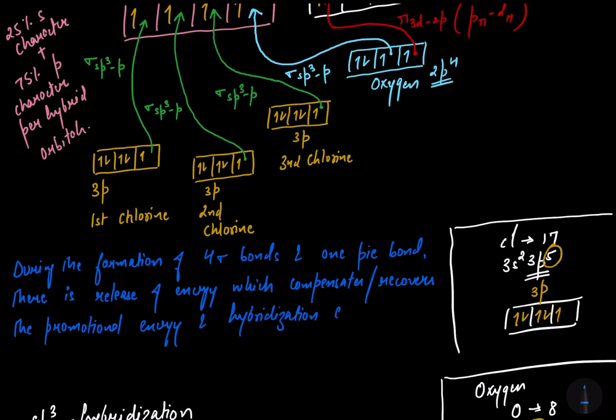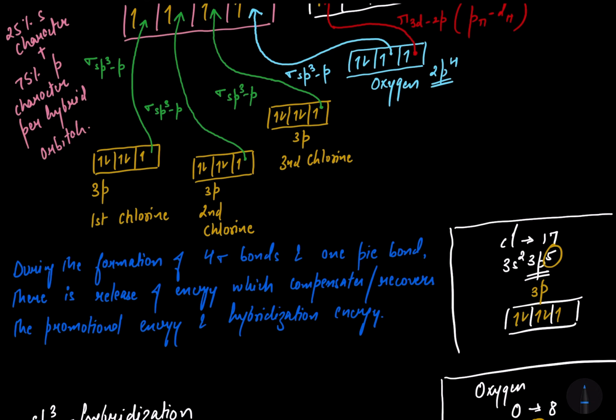As both of these energies are compensated during the formation of 4 new sigma bonds and the 1 pi bond, that's why the formation of POCl3 is feasible or practically possible.